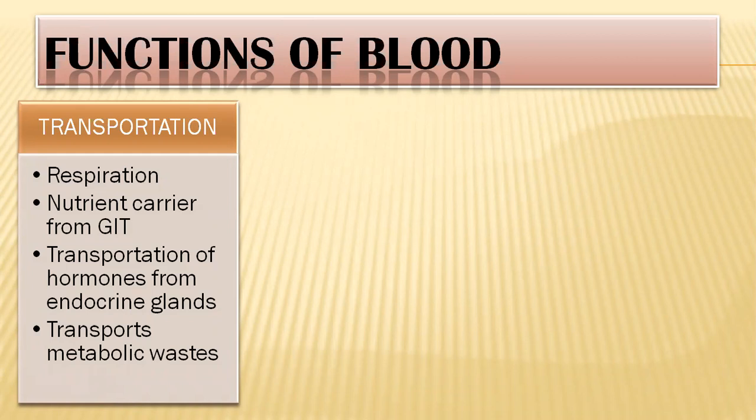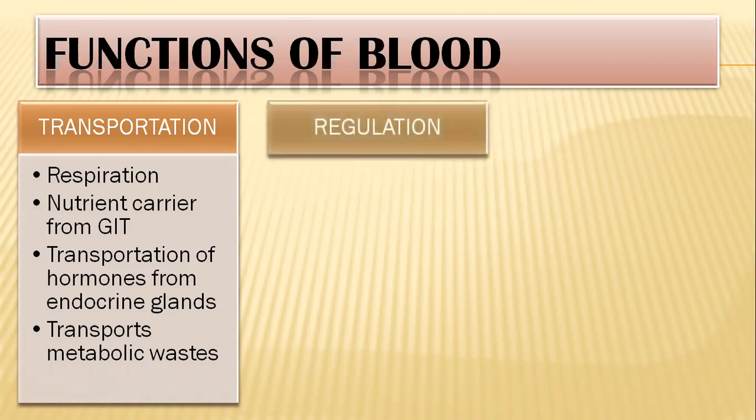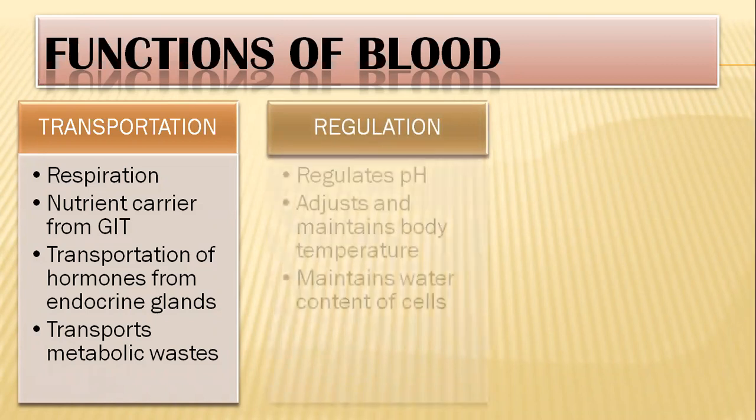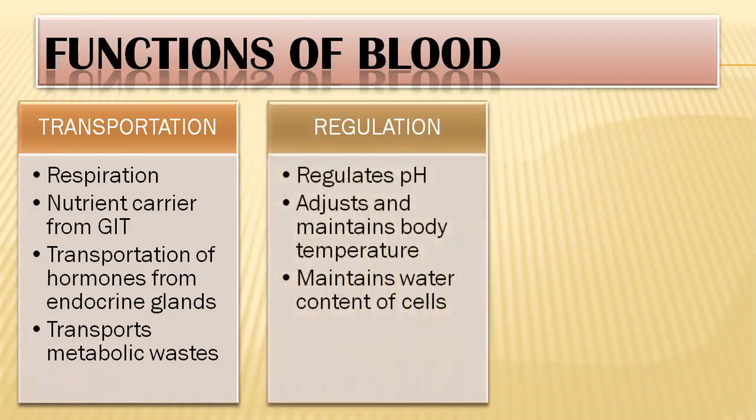Then also transportation of hormones, enzymes. These hormones are coming from the endocrine glands. Then transportation of metabolic waste to the kidneys for excretion, or to the liver for metabolism, or to the lungs for excretion or metabolism.